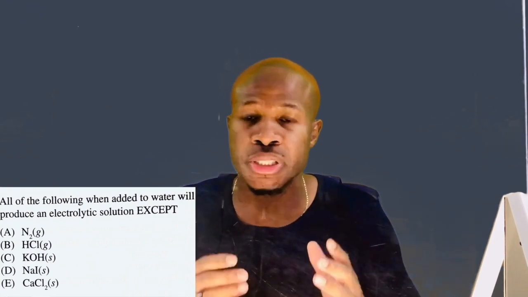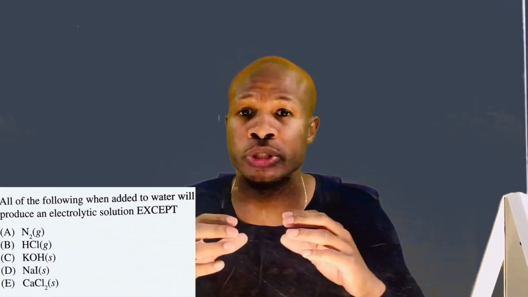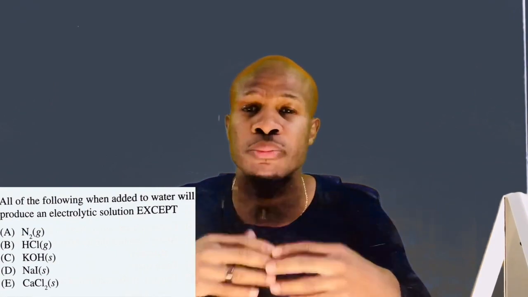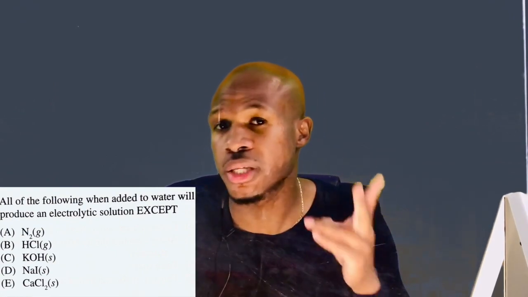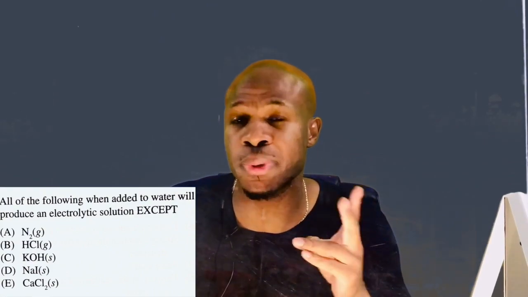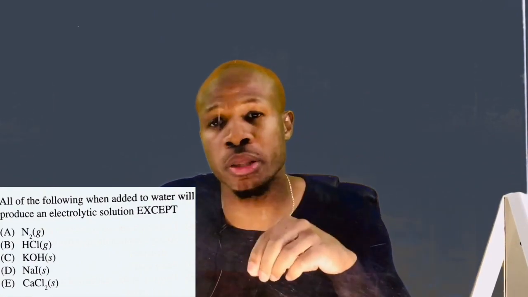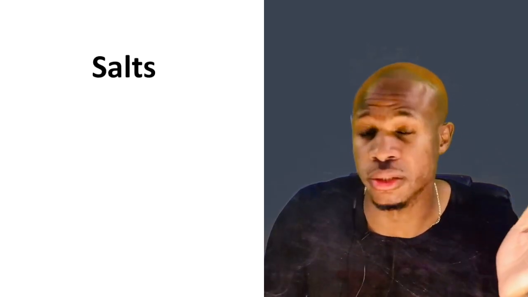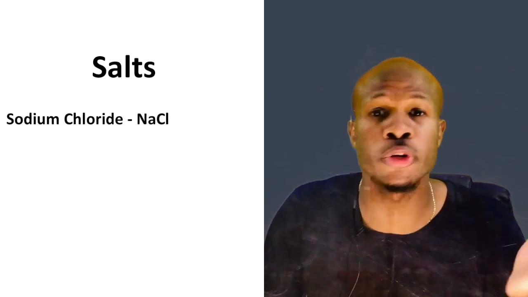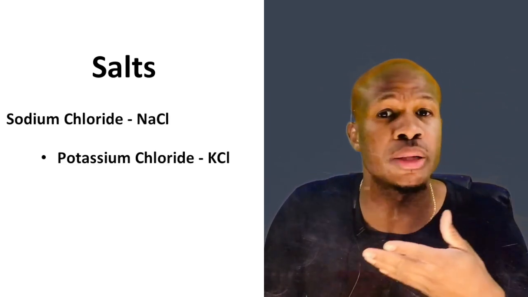All we need to do is look for which chemicals dissociate into positive and negative charges. We know that there are 2 types of chemicals that will give us positive and negative charges when dissolved in water. One would be salts, like sodium chloride or potassium chloride.